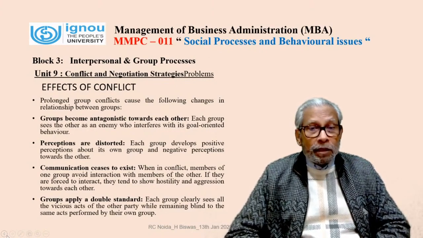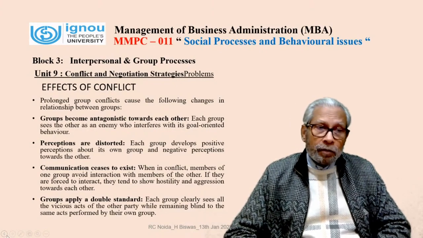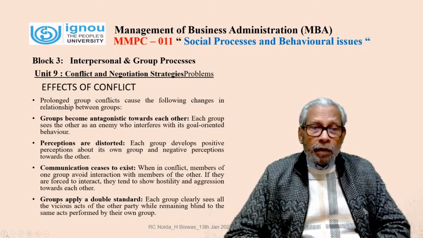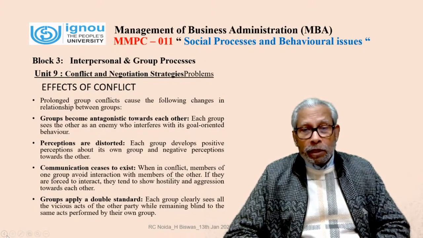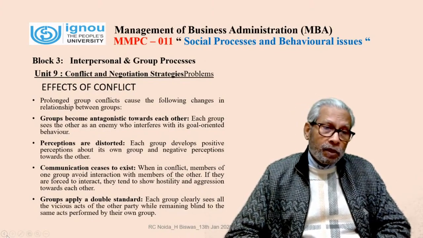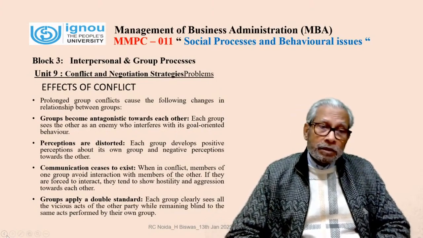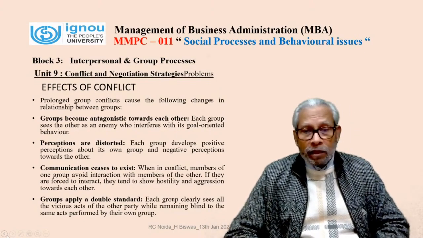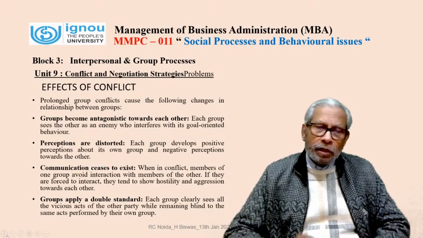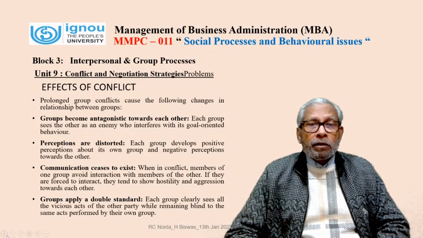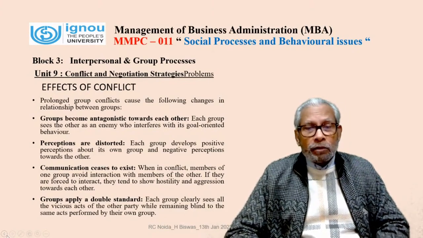Each group develops positive perceptions among its own group, and negative perceptions of the other will start. Communication ceases to exist. When the conflict is there, the members of the groups are not listening to each other. They are going their own way.